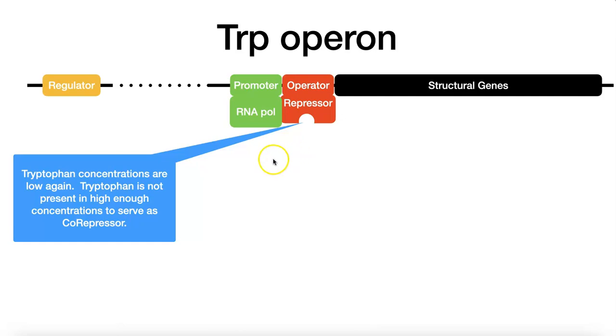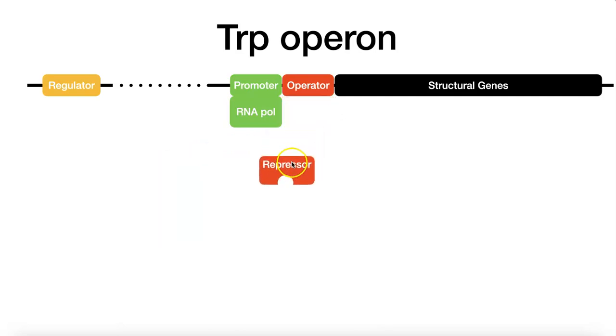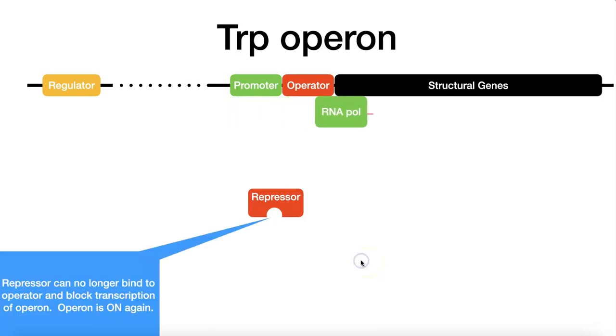And just as we saw at the beginning, when there's no co-repressor present or the tryptophan concentrations get low, then the repressor by itself can no longer bind to the operator, freeing up RNA polymerase to transcribe the structural genes, make the proteins, and then synthesize more tryptophan.